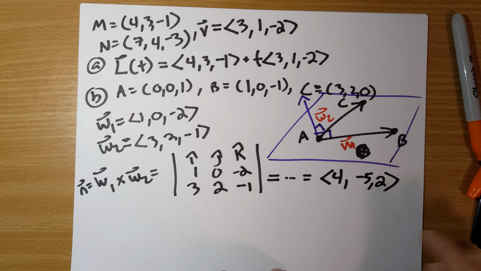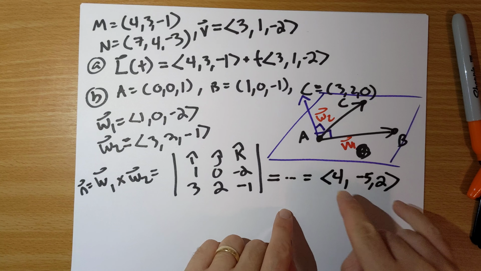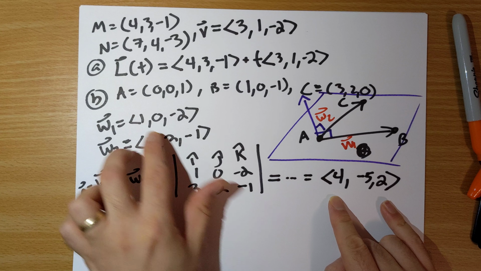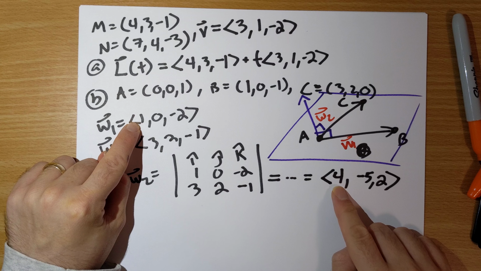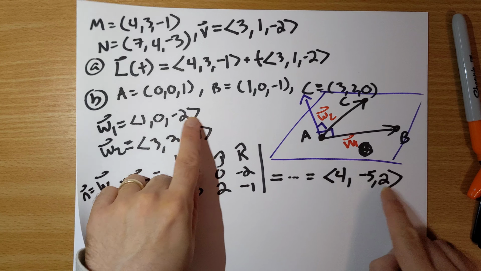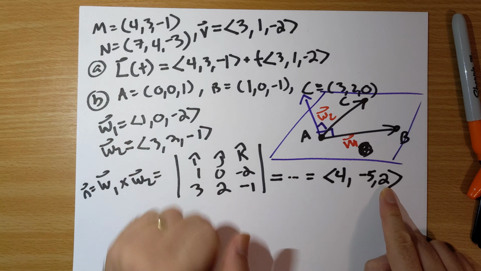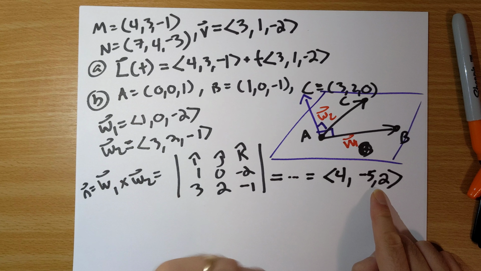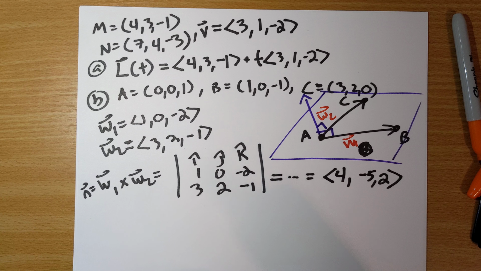Quick check. Let's make sure that our normal vector is indeed orthogonal to W1 and W2. 1 times 4 is 4, plus 0, minus 4 gives us 0. That's good. 12 minus 10 minus 2 is also 0. That checks out.